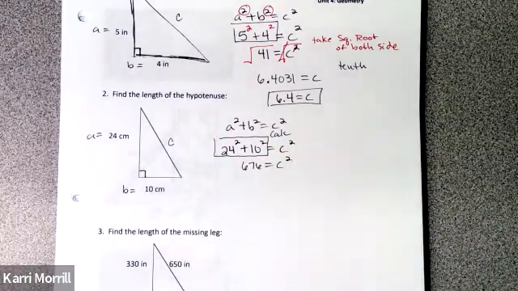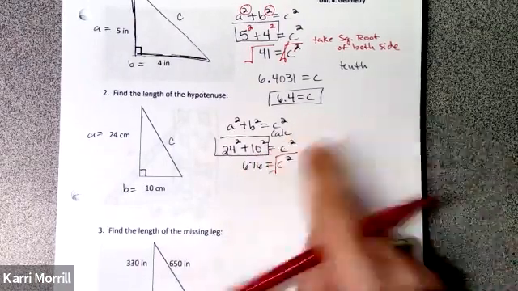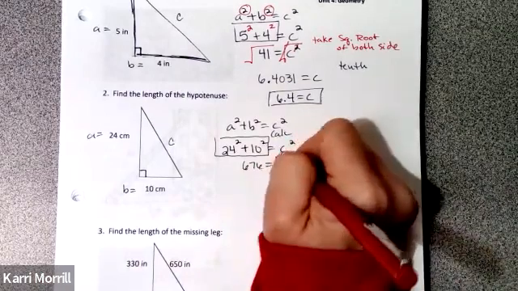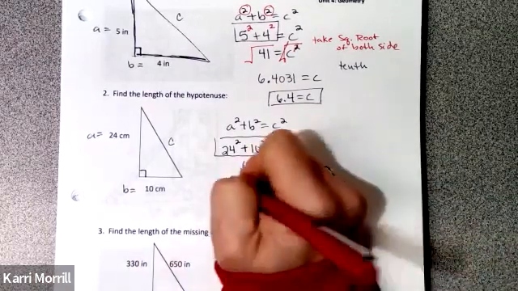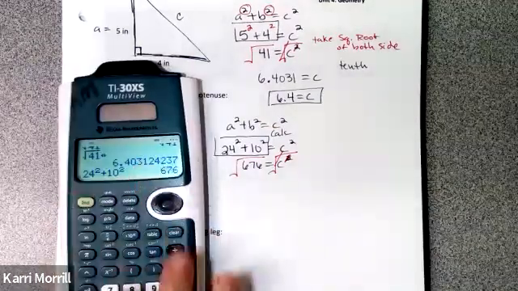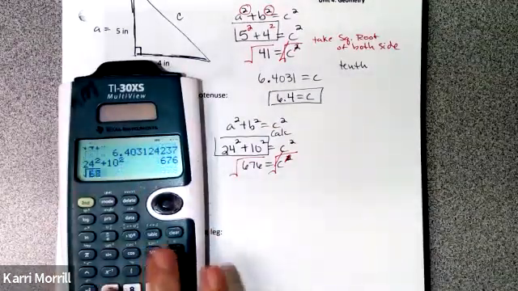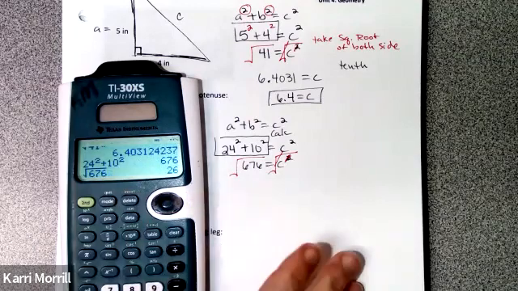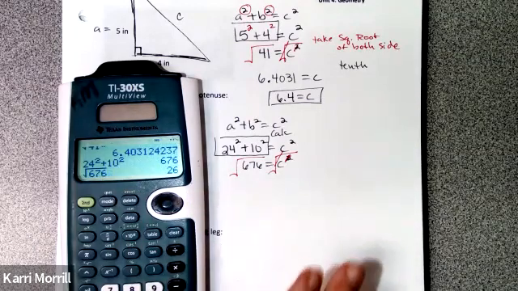So all you do from here is, since I need to know what C is, not C squared, we take the square root of that. That's what gets rid of the squared. And if you do that on the right, you have to do that on the left. So in your calculator, you take the square root of 676, and that happened to be a perfect number. Doesn't always work out that way, but sometimes it is.